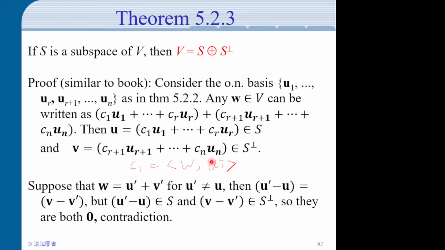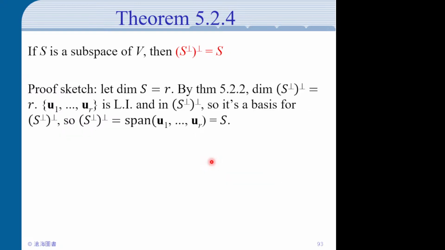Finally, we have theorem 5.2.4. The proof here also doesn't use orthonormality, but I think it is a bit clearer than the textbook one. We have the property that the complement of S perpendicular is S. This we can just count by the basis.